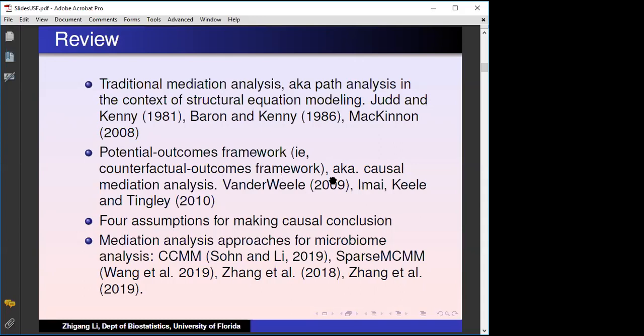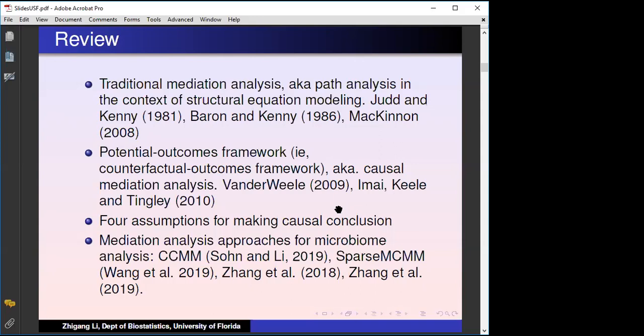In the randomized clinical trial, you can think of the data in the control group as a good estimation of the counterfactual outcomes of the patients in the treatment group had they taken control, right? And then you can use the data in the treatment group as a good estimation of the counterfactual outcome of the patients in the control group had they taken the treatment.